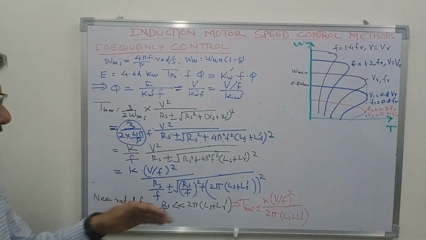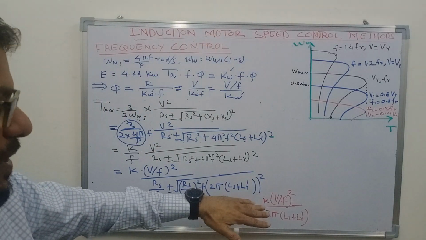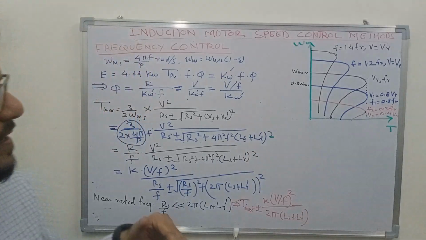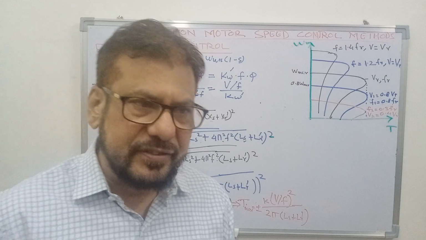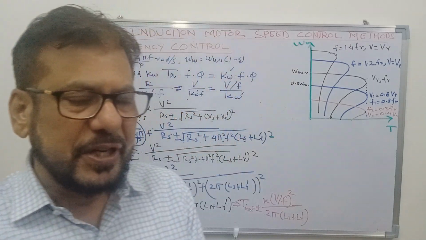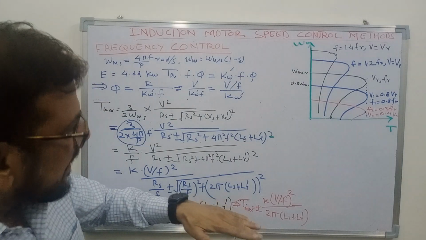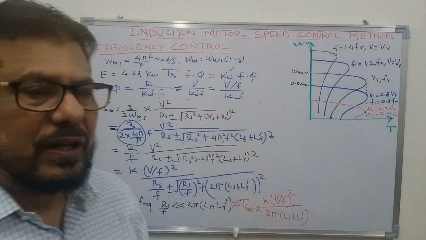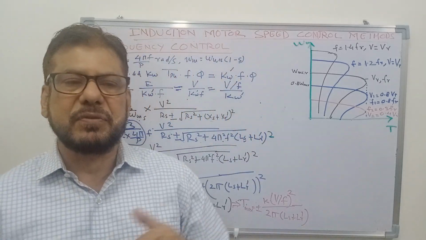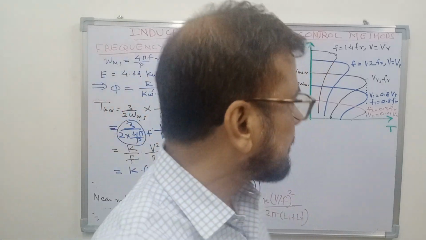So the maximum torque of the motor will remain constant if we keep v by f constant. That is, we reduce frequency, and in the same proportion reduce the voltage also, so that v by f is maintained constant. If we do that, the maximum torque will remain constant, or you can say that the torque handling capability of the motor will remain unaffected.